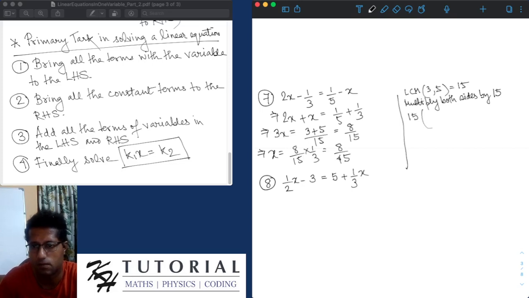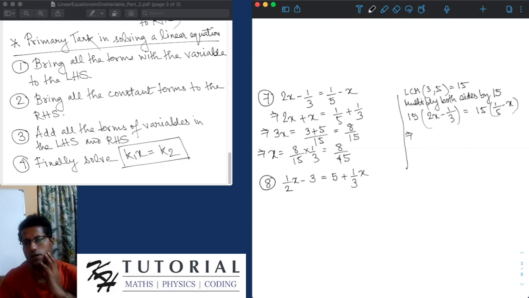So if I multiply both sides by 15, I get 15 multiplied by the LHS, that is 2x minus 1 by 3, equals 15 multiplied by the RHS, that is 1 by 5 minus x. If I do the multiplication, the LHS becomes 30x minus 5 equals, the RHS becomes, after doing the product of 15 and the binomial 1 by 5 minus x, 3 minus 15x.